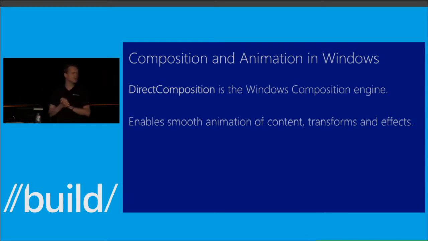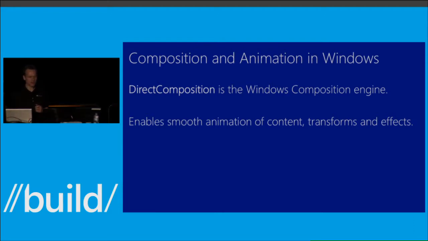They can compose different content types, so there's a whole range of different bitmap types that they can accept, and they can accept DXGI swap chains, and they can also work with layered child windows as well. Now, in addition, they have the ability to do 2D affine and 3D perspective transforms.